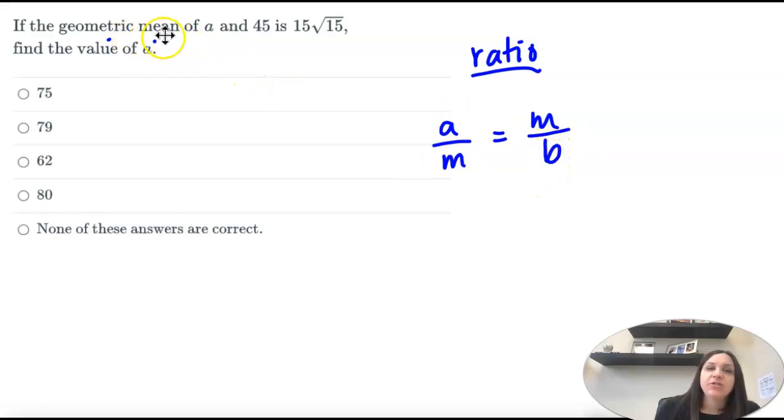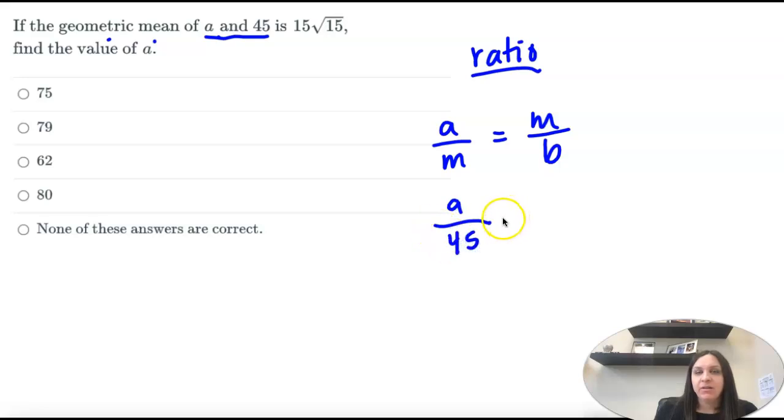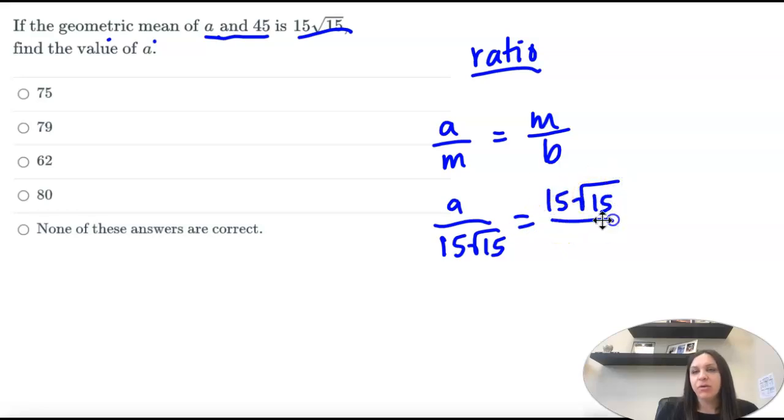So if the geometric mean of A and 45 is 15 square roots of 15. Oh, hold on, I put this wrong. The mean is 15 square roots of 15. So that's 15 square roots of 15, 15 square roots of 15, and then 45 goes here because we're trying to find A.